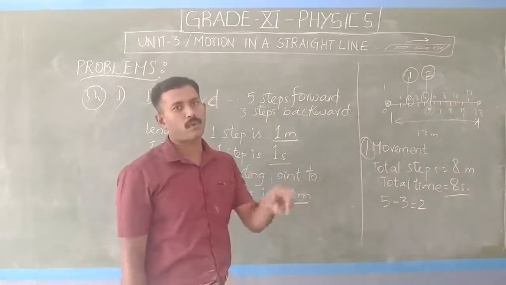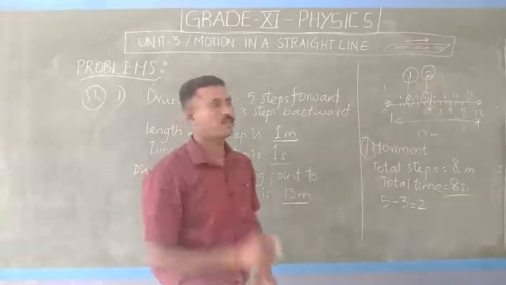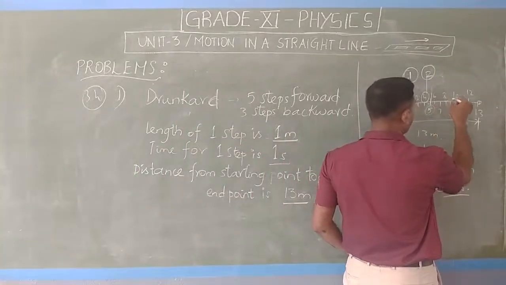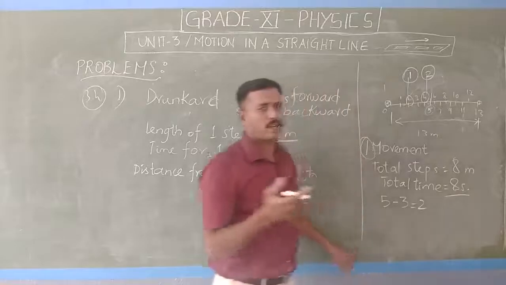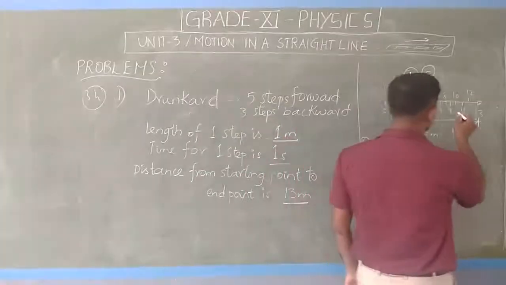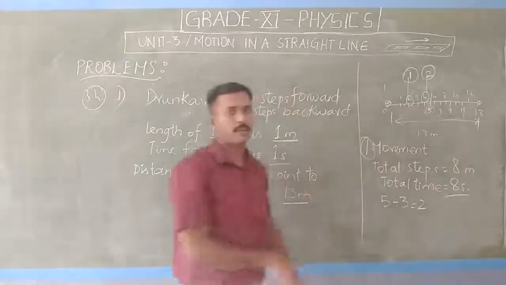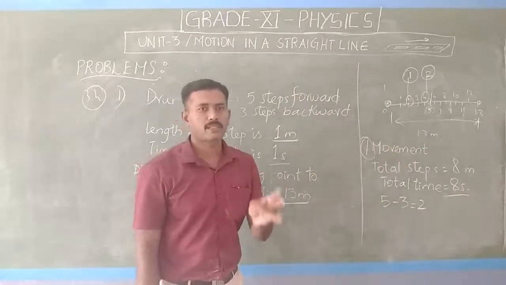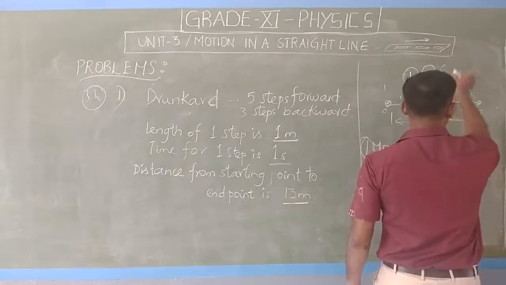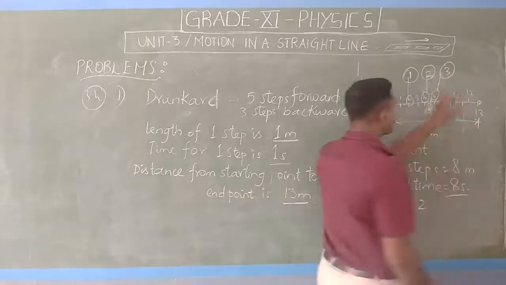Then from 4, another movement I will take. 5, 6, 7, 8, 9. So I haven't reached 13. Only up to 9 I have reached. And again from 9 I am coming back. 8, 7, 6. So you find this is the third movement.